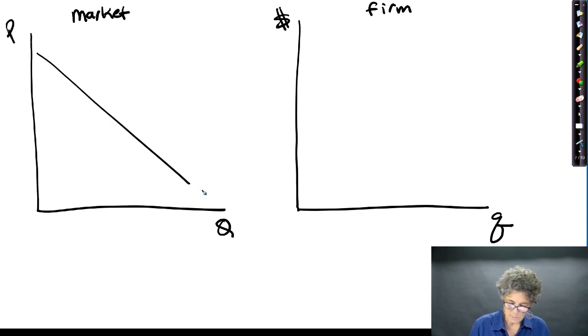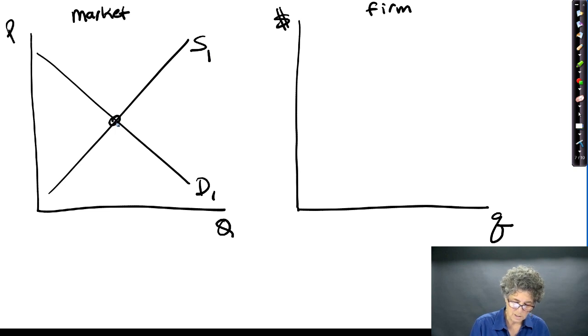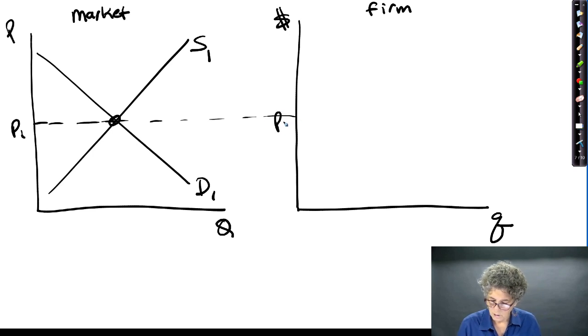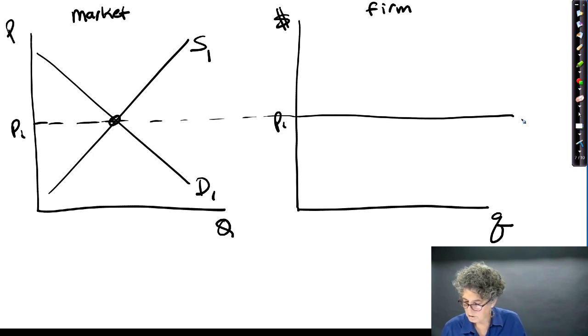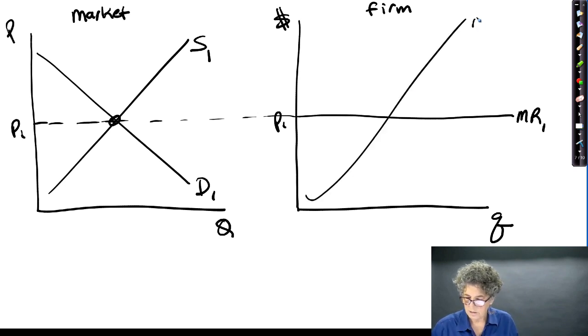Start with an initial downward sloping demand curve, D1, initial upward sloping supply curve, S1. Find your initial equilibrium price, P1, dash it over, mark P1, that tells you the marginal revenue for the typical firm in the industry. Throw a marginal cost curve on there, MC1.